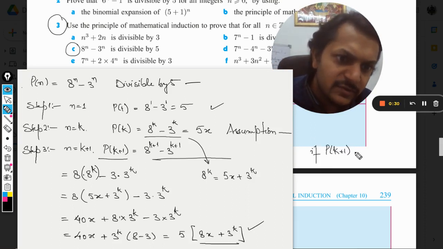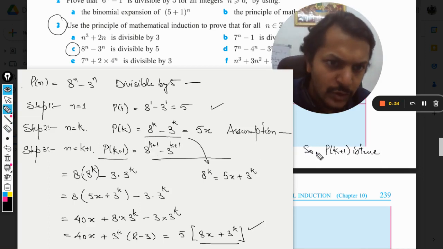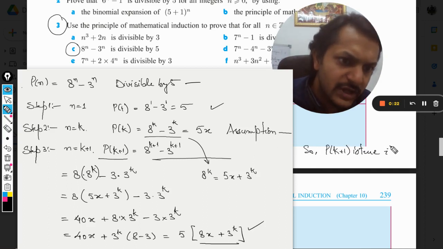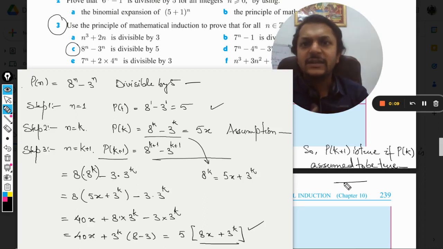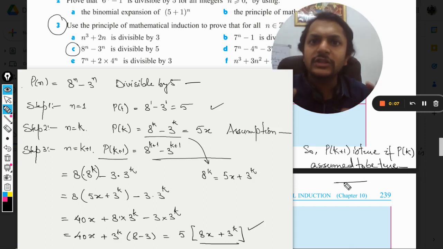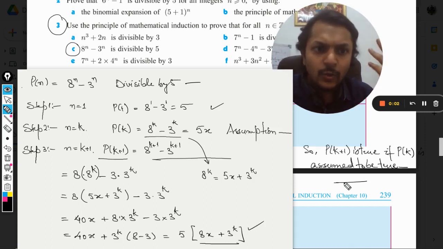P of k plus 1 is true if P of k is assumed to be true. That is why the statement is true for all the positive integers. Okay, so let's see.